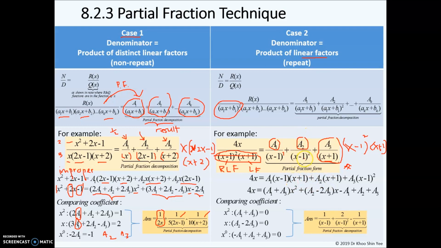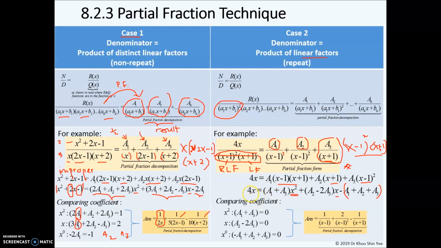For a2, you have x minus 1 squared, you multiply with this, you should get x plus 1 only. Lastly, for a3 divided by x plus 1, multiply this, cancel off, you get x minus 1 to the power of 2. We can rearrange the terms here for x squared, x, and the constant.